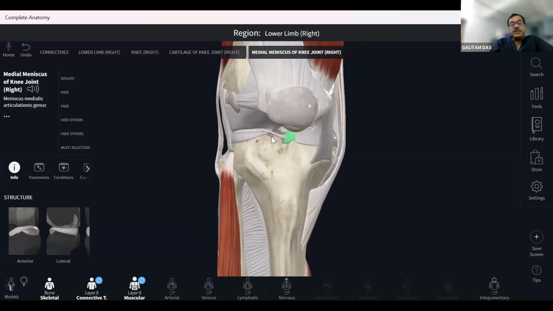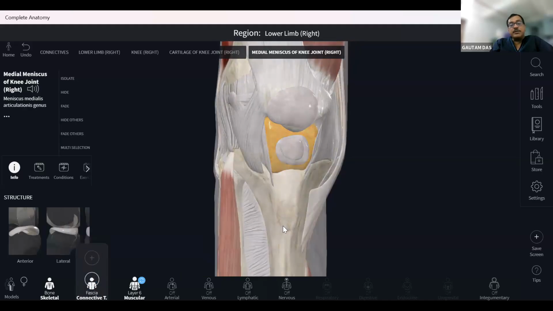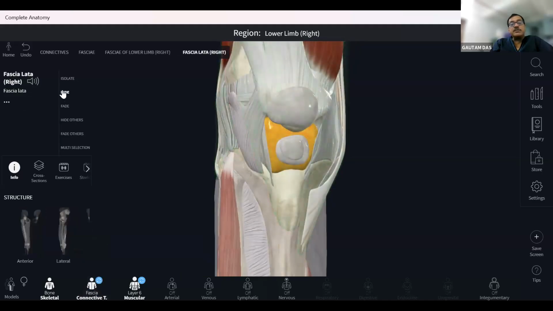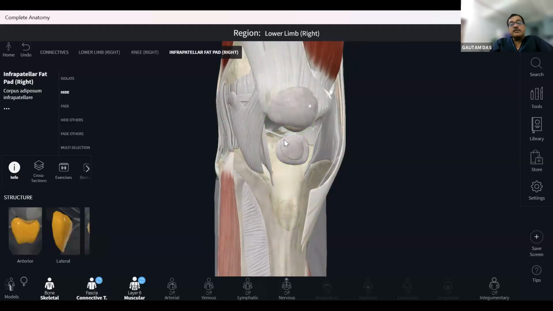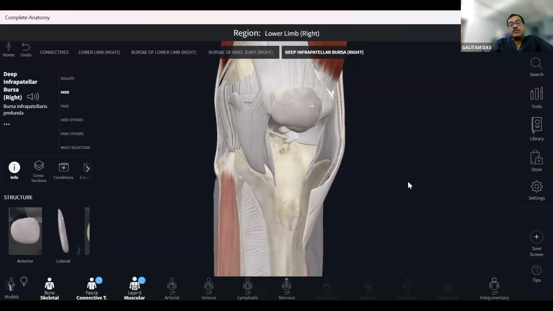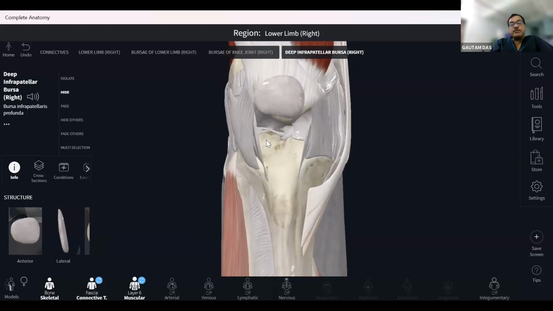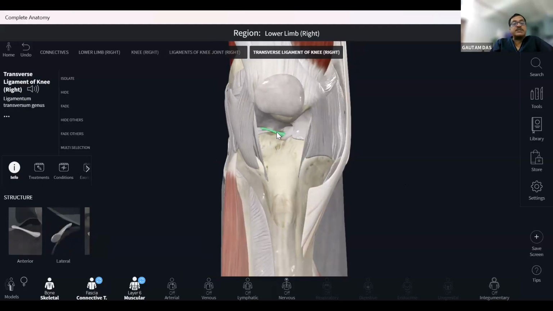Below the transverse ligament, there will be the ACL. Let me remove the ACL. Was not seen. So the ACL starts from here and it goes below the transverse ligament, the transverse meniscus ligament. This is the transverse meniscus ligament.